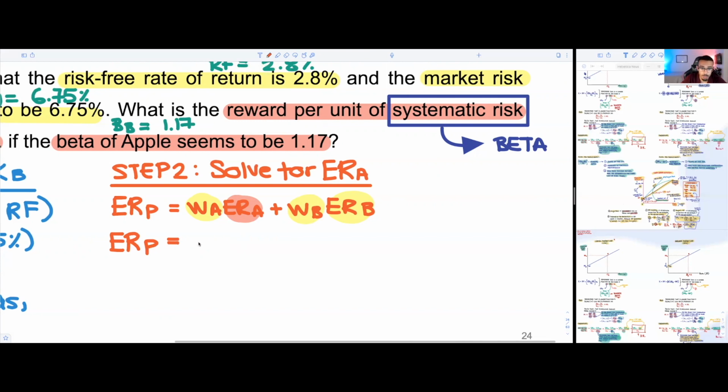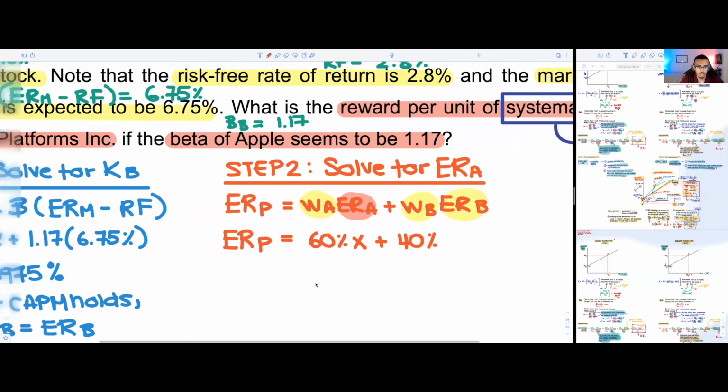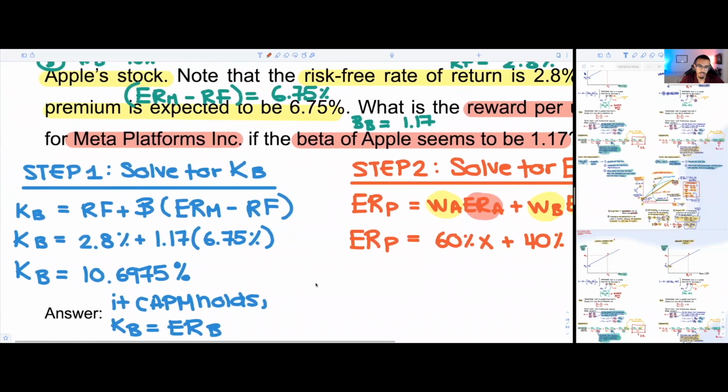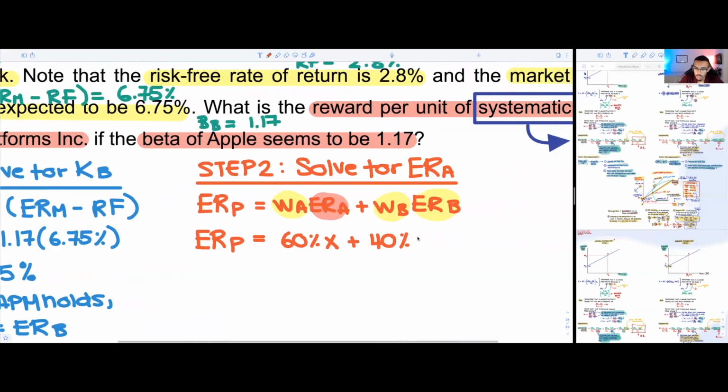So we know that it was 60% invested in asset A, so into Meta Platforms. And we know that by definition, it would have been 40% invested in Apple. And we know now that the return on Apple, if we just take a little step back, is 10.6975.